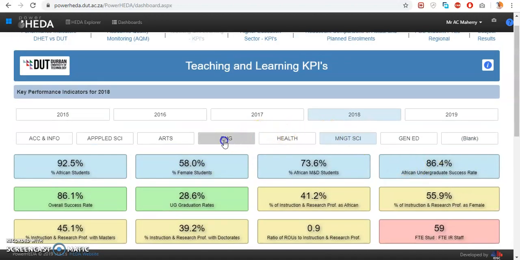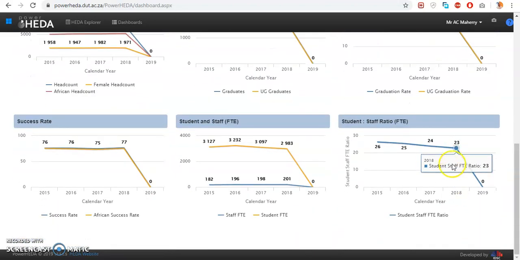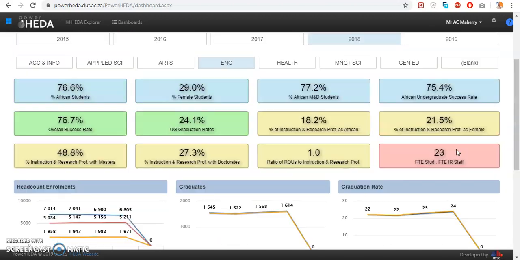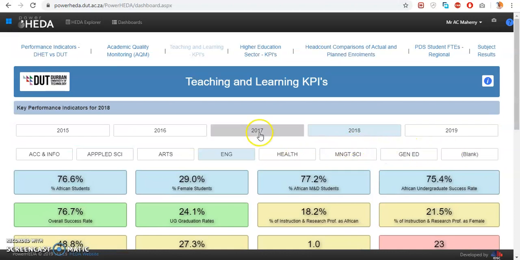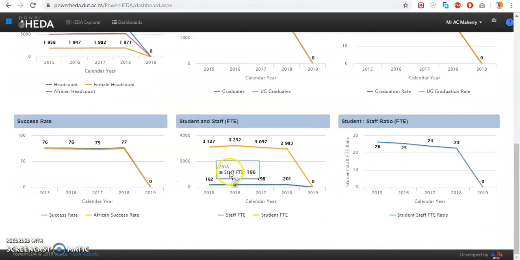In comparison, if you had to have a look at another faculty, say for example engineering, you'll see engineering sits at 23 students per 1 instructional FTE staff ratio. So this gives you a nice overview of the various indicators that you wish to have a look at.